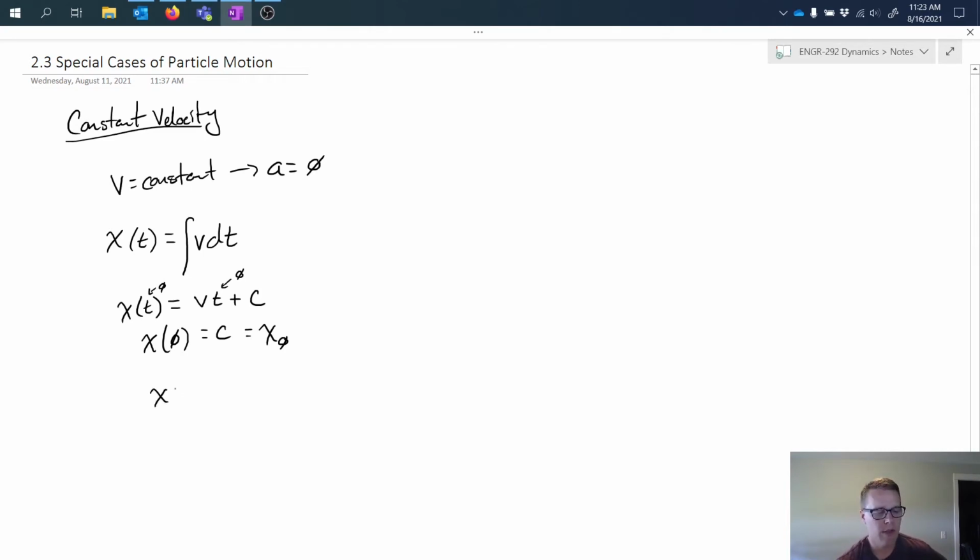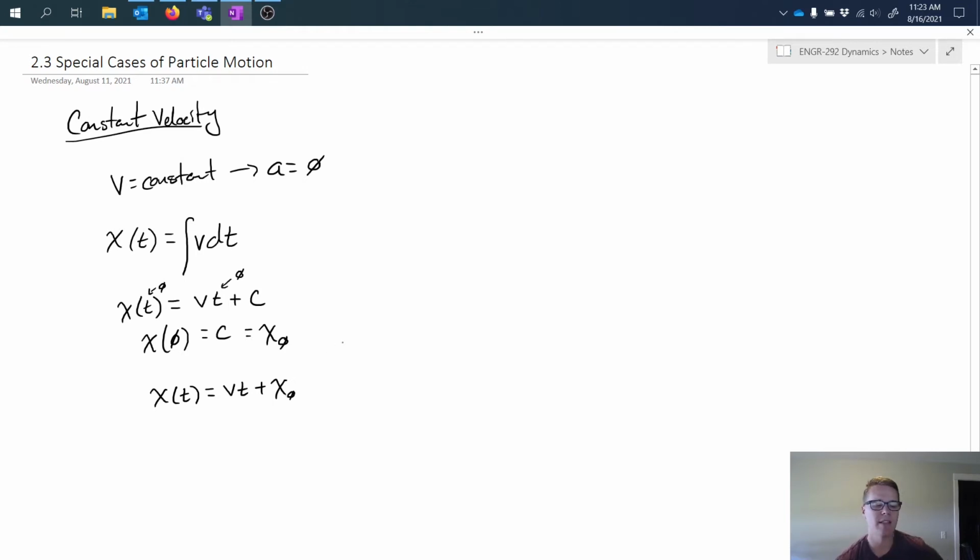So if I want to write this out, then I can say my function for position x of t is equal to vt plus x naught. So all that means is it's my constant velocity times time, plus whatever my initial position is.